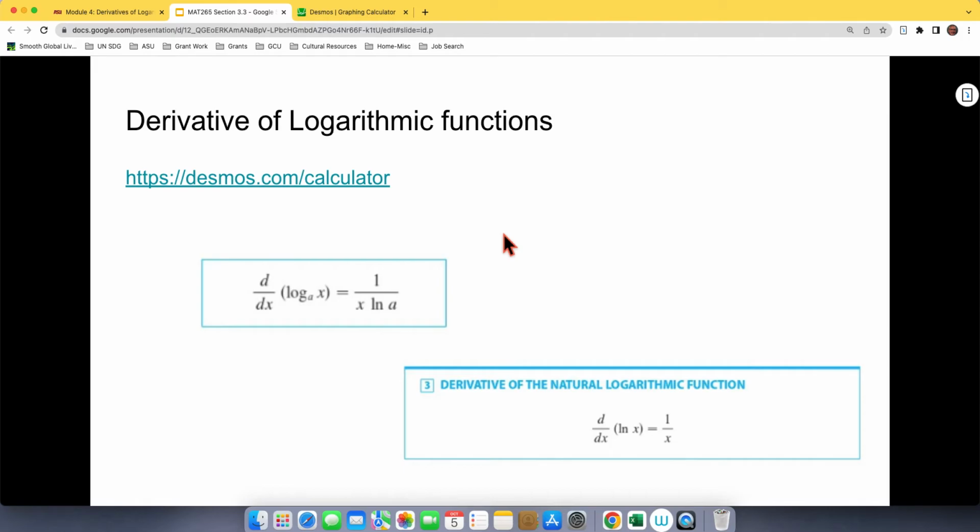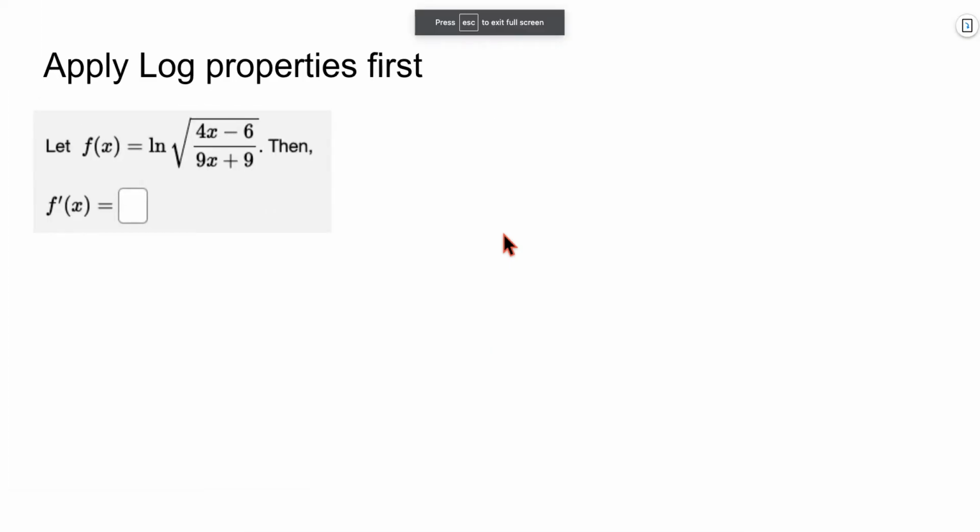The cool part is we're going to look at an application where this will actually help us take the derivatives of some kind of complicated functions. Okay? So that doesn't look very fun to take a derivative of, does it? But because we've got a logarithm, what do we have?